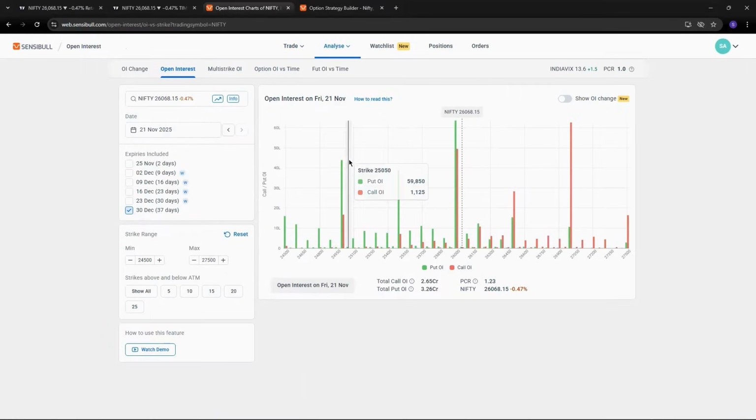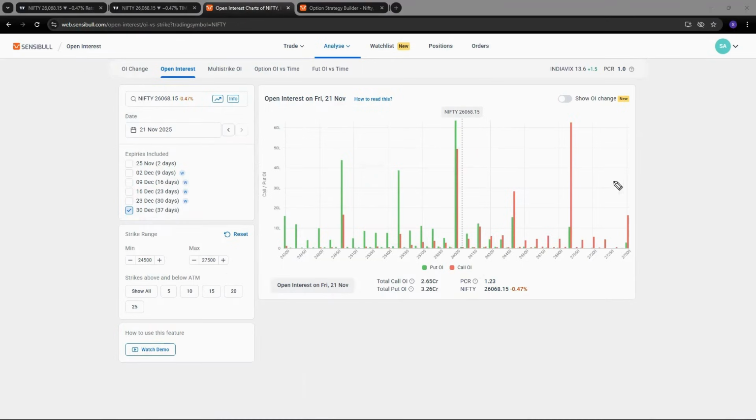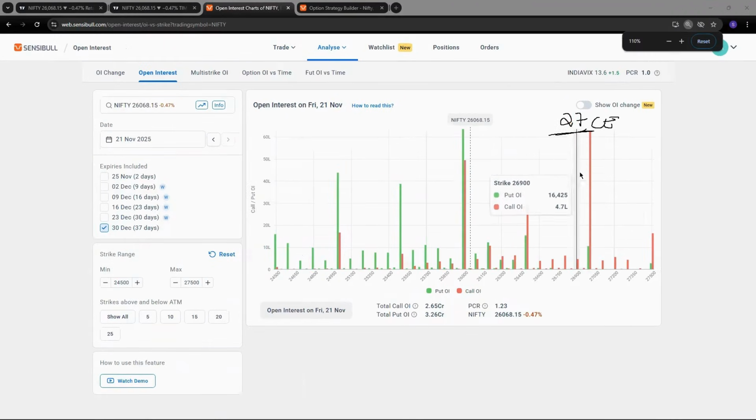If I go back to the open interest, what do I see here? If they're simply buying only the 27,000 call option, here the call OI is 62.69 lakh on the 27,000 call option of December month.